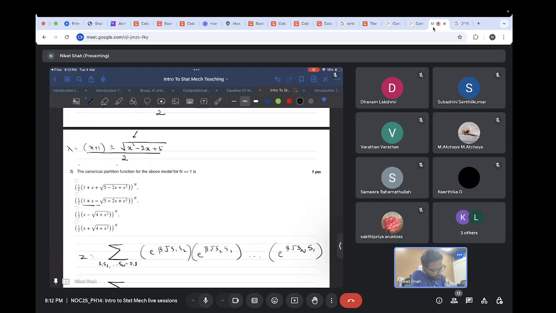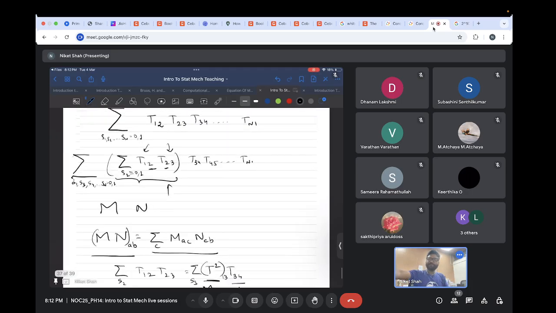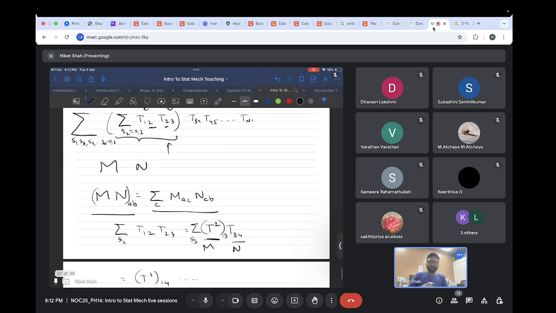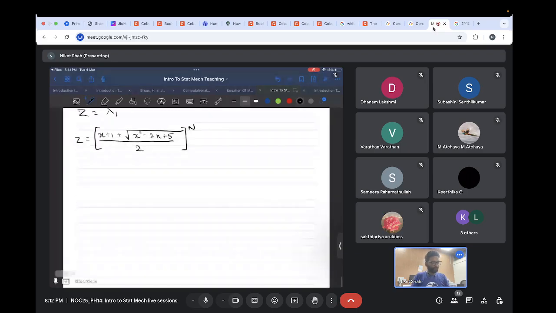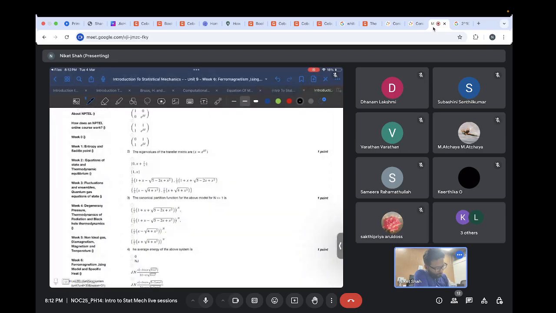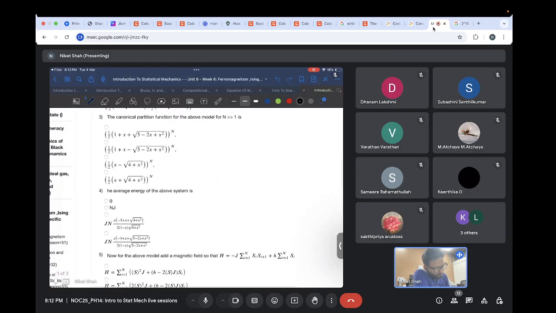This is my canonical partition function. I hope this is clear. Let's move on to the next problem.